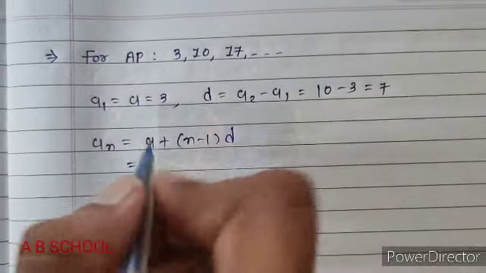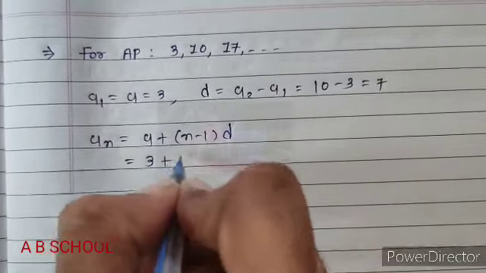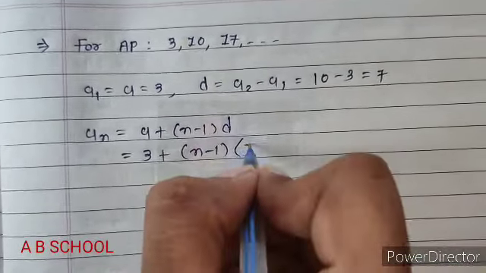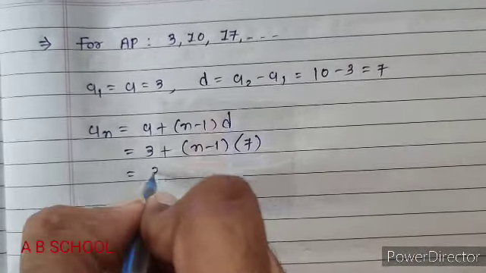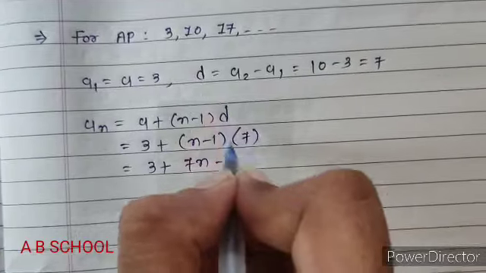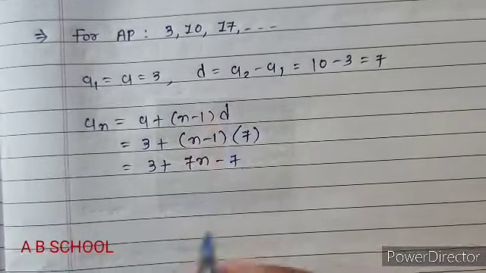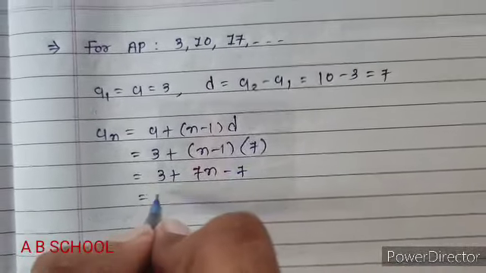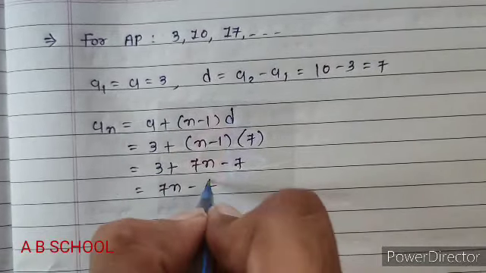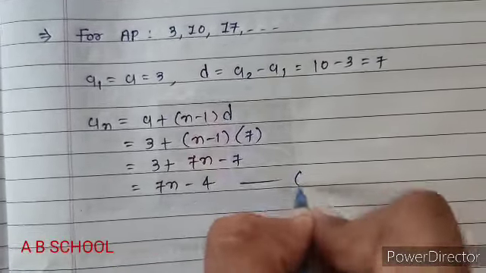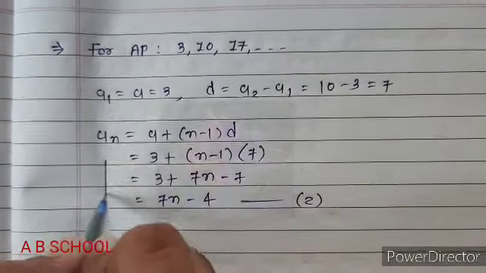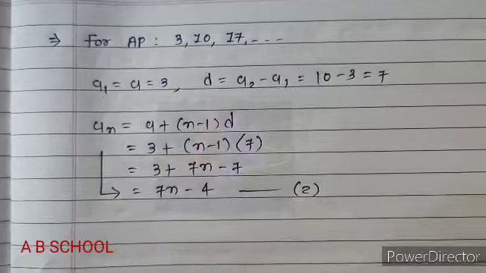The value of a is 3, n minus 1, and common difference d is 7. 3 plus n minus 1 into 7, 7n minus 7. Okay, so 7n minus 4, equation number 2. Now for the second AP, the value of an is 7n minus 4.